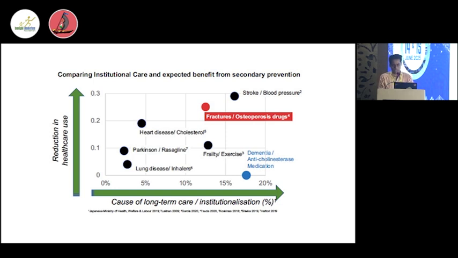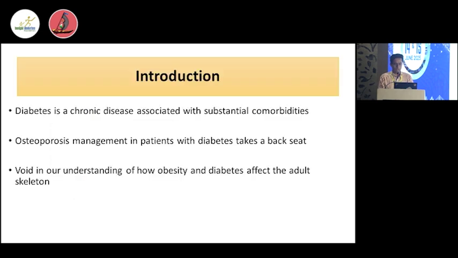Initially, look at Indian data, the ICMR-INDIAB study from Dr. V. Mohan's team, with a total of around 54,000 subjects. They saw that diabetes was associated with a significantly higher number of fractures compared to pre-diabetes and no diabetes.